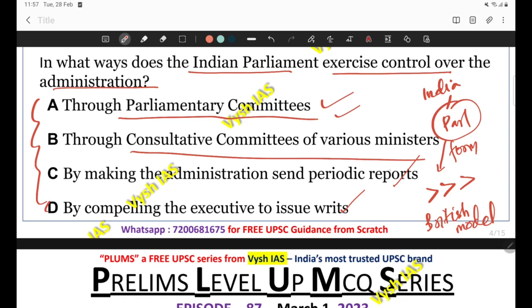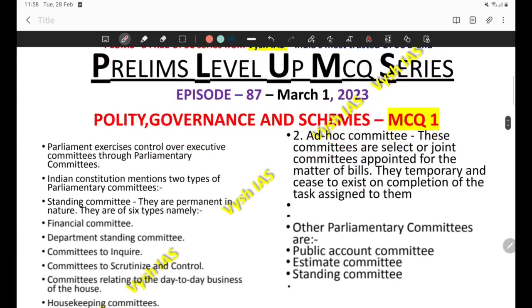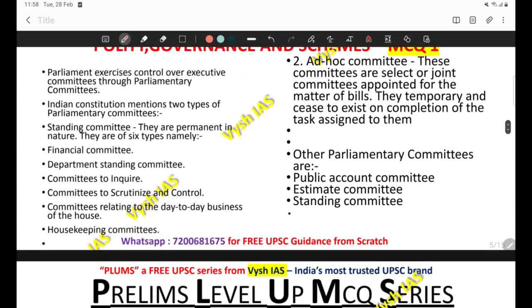As I have said, our parliamentary form of government is that powerful. We call ourselves a parliamentary form of government because parliament is that powerful, and we have certain parliamentary committees to look after the functioning of the executive. So by that logic, you have to go with answer A. Option A, through parliamentary committees, is the correct answer.